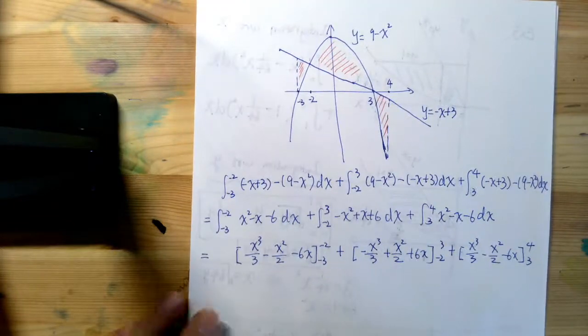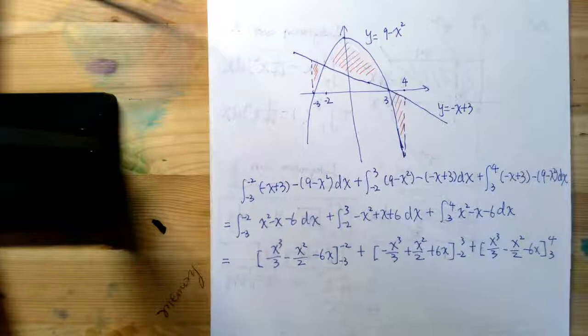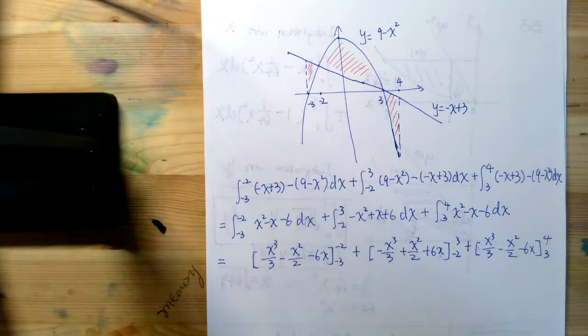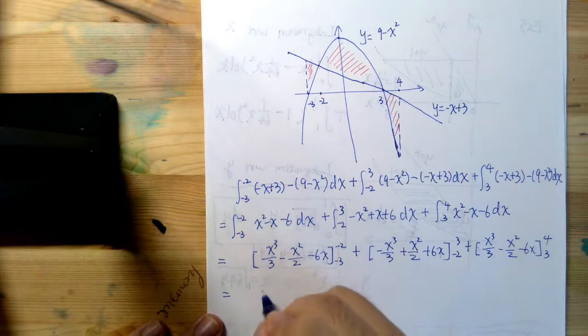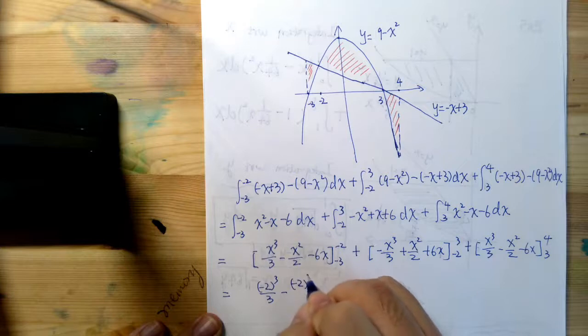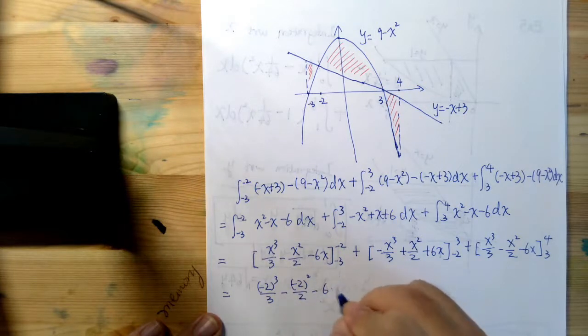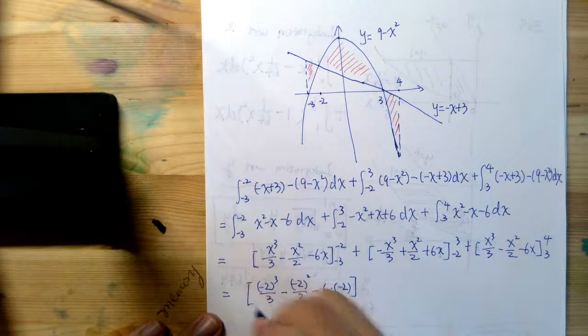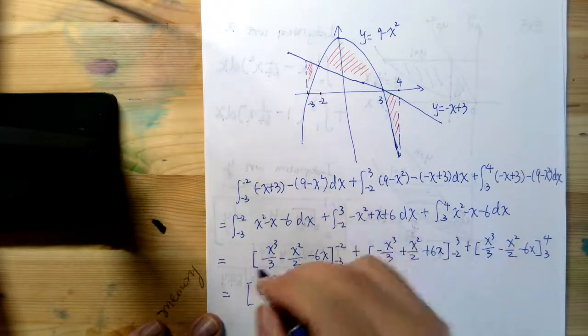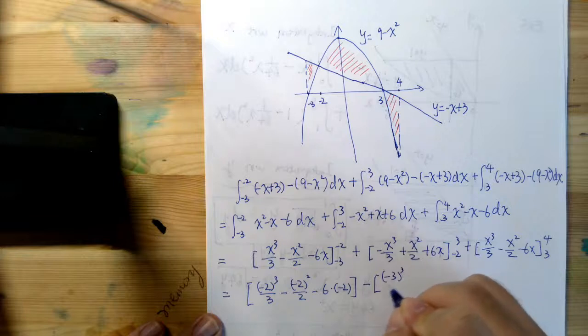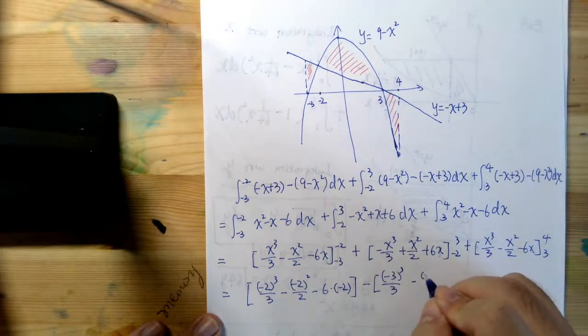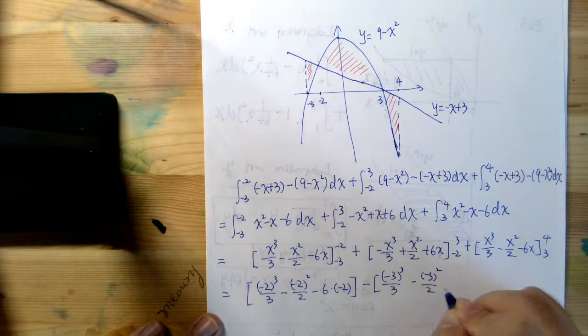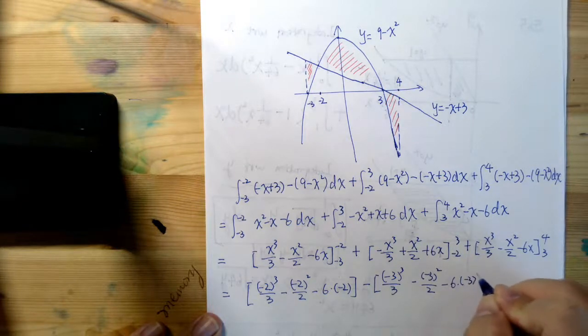And all we need to do is plug in. So we're going to have negative 2 cubed over 3 minus negative 2 squared over 2 minus 6 times negative 2, minus negative 3 cubed over 3 minus negative 3 squared over 2 minus 6 times negative 3.